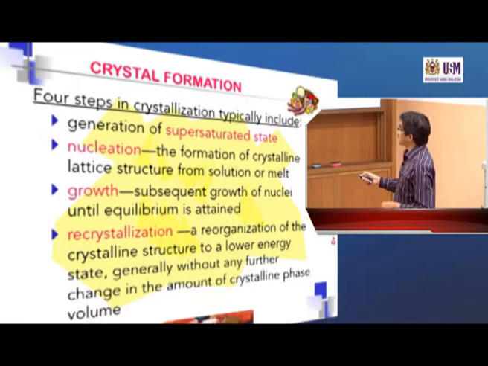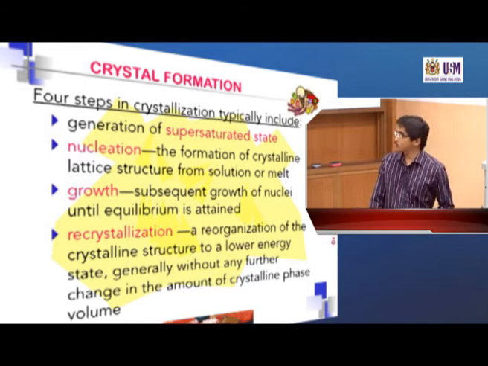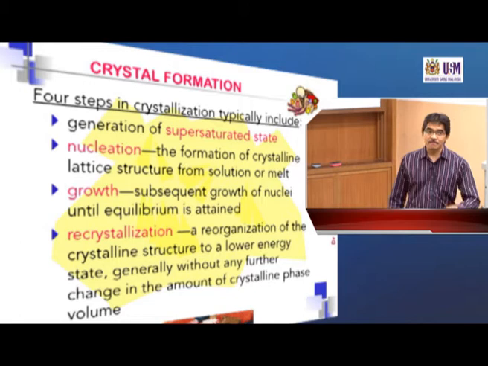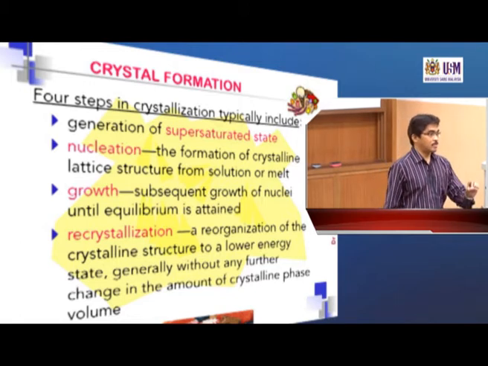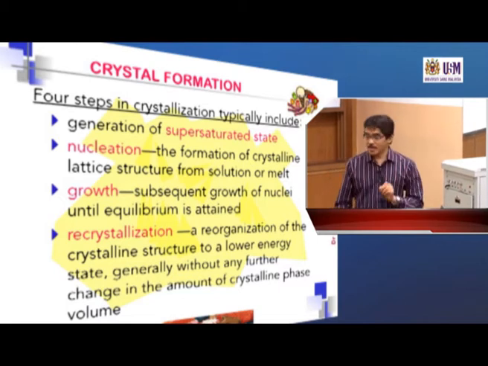If we start from a solution, the solution must be in a supersaturated state. We will see how we get the supersaturated state. So the first requirement for crystallization is a generation of supersaturated state. Supersaturated state refers to a solution, not to a melt. Okay?